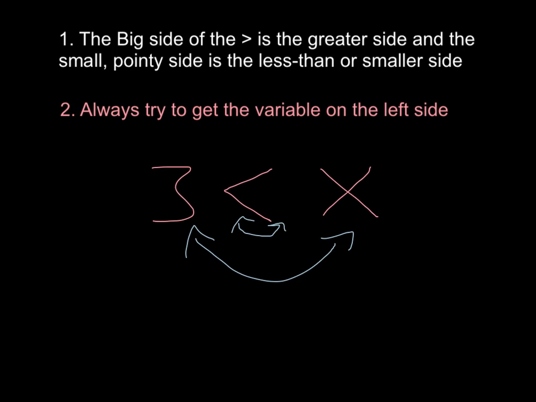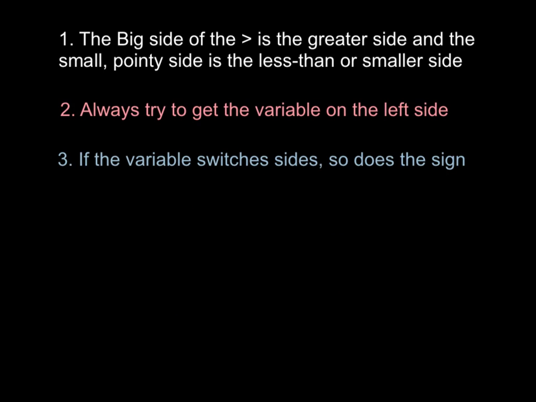So if we flip everything around, 3 less than x is the same as saying x is greater than 3. And because of that, if the variable switches sides, so does the sign.